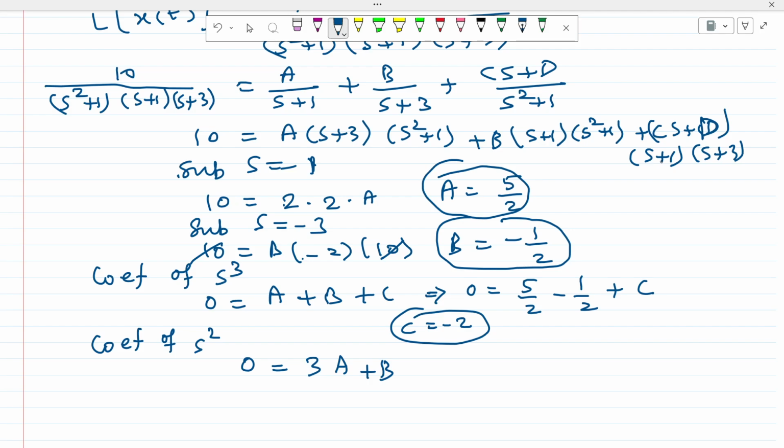Otherwise, we can take the constant term. Constant is somewhat easier, because cs plus d is somewhat complicated, so we can take the constant term. If we take the constant term, then what do you get?